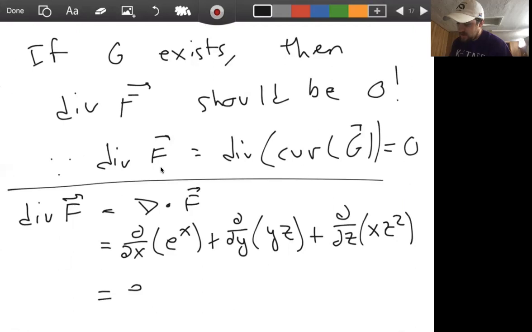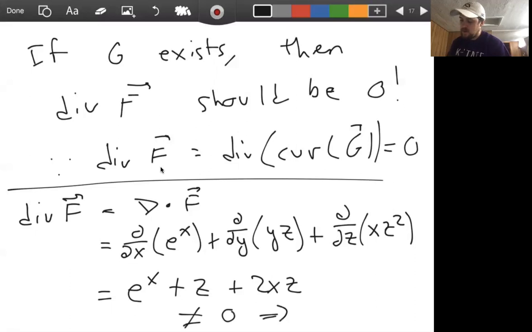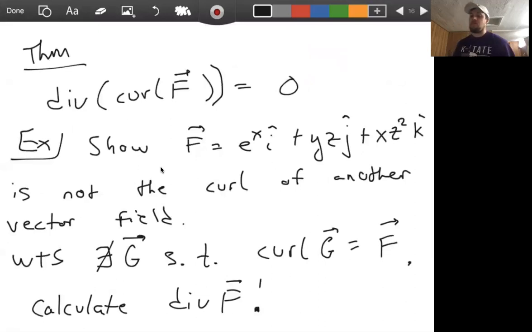This is e to the x plus z plus 2xz. And notice this can never be 0 because e to the x can never be 0. This is not 0, which implies G does not exist. So that means that this vector field cannot be the curl of another vector field.